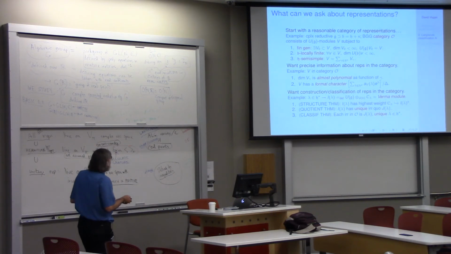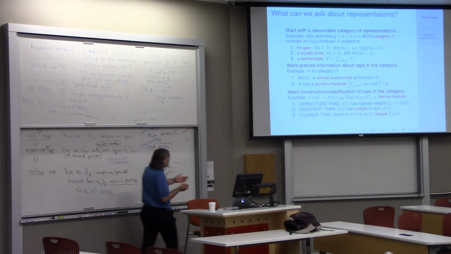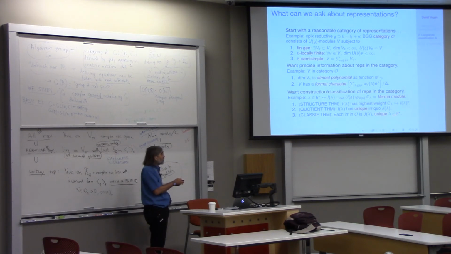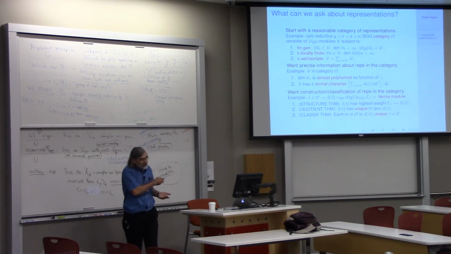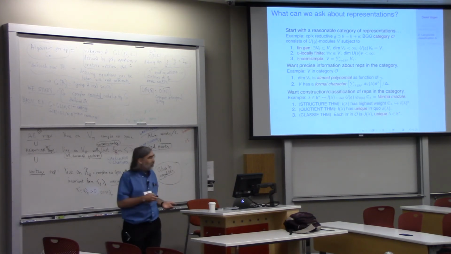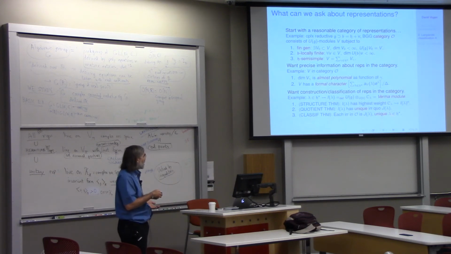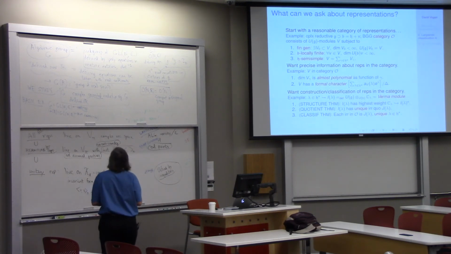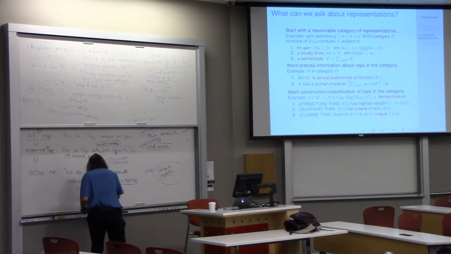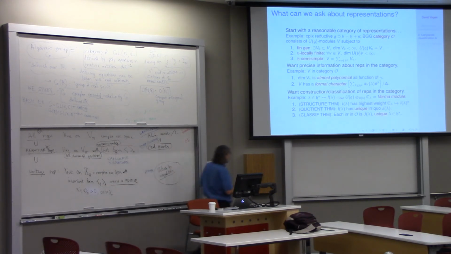So, in particular, this says that the irreducibles are parametrized by this complex vector space, h. So the irreducible modules look like a complex algebraic variety. I'll write that over here.